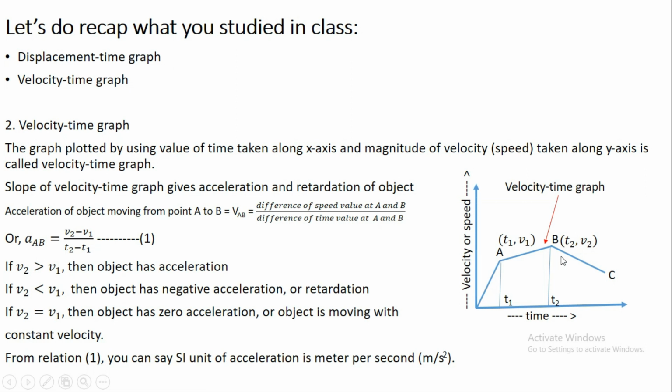So the slope of a velocity time graph gives the acceleration and retardation of the object.